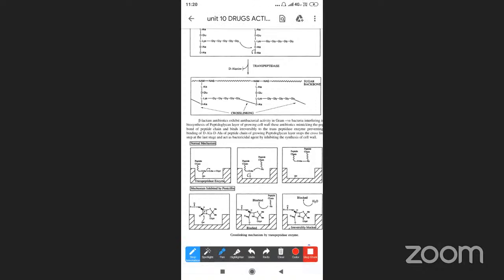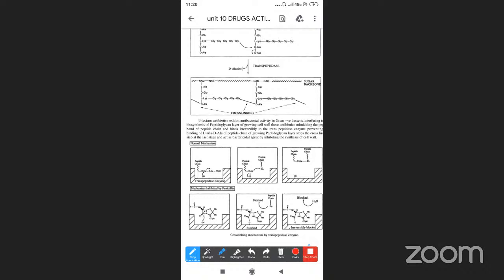This is a very, very important enzyme which helps in the cross linkage of the peptidoglycan chain. On the surface of the transpeptidase enzyme, this cross linkage takes place here, right? So the transpeptidase enzyme is a very important enzyme which helps in the cell wall formation.